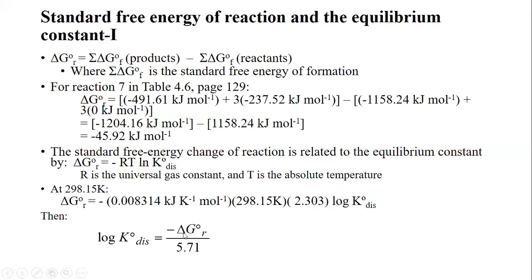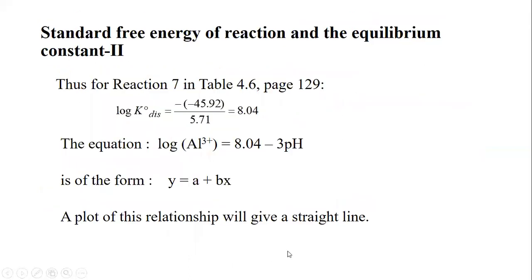This relationship, log K0 for any reaction equals minus delta G0 for that reaction, which we calculate from the standard values that we are given, over 5.71. This constant came from all these constants.